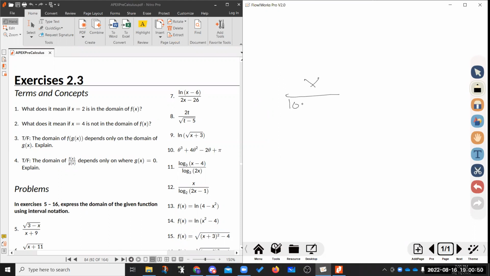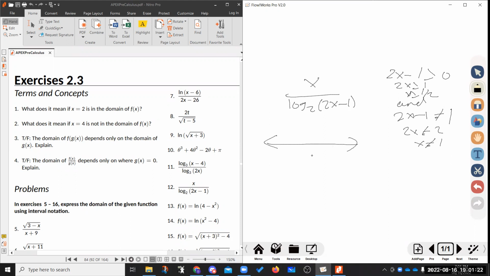X over log base 2 of 2x minus 1. 2x minus 1 has to be greater than 0, and 2x minus 1 cannot be equal to 1. So 2x is greater than 1, x greater than 1/2. 2x cannot be equal to 2, x cannot be equal to 1.